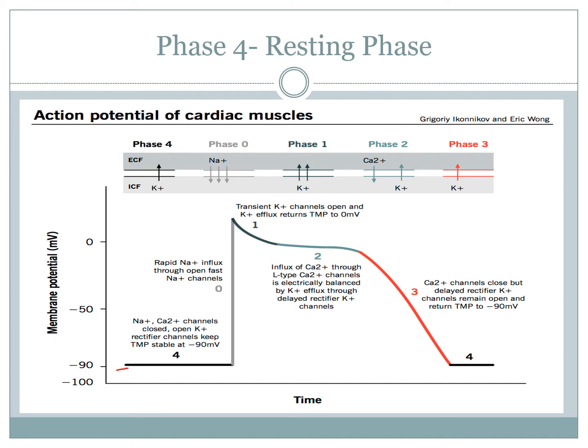Remember that when I'm talking about the heart, the neuron relates to cardiac contractions as well, so you're learning neuron movements and heart movements at the same time. During phase 4, the heart is at rest.